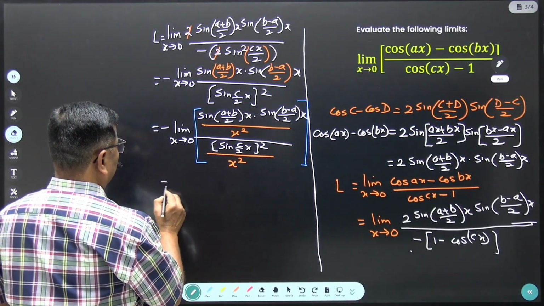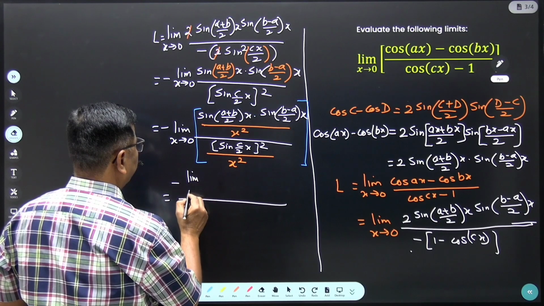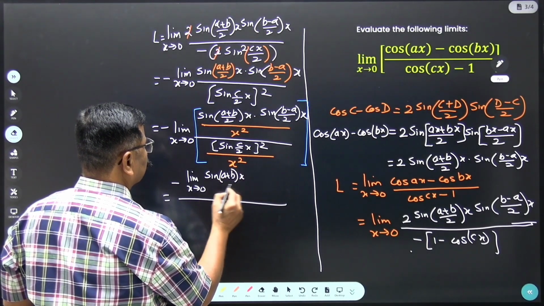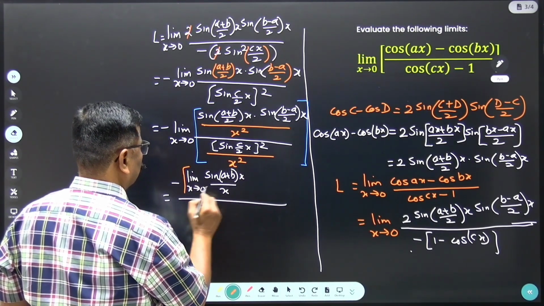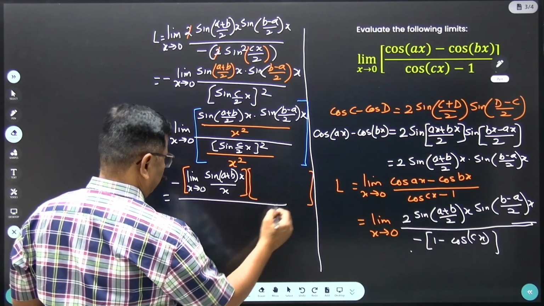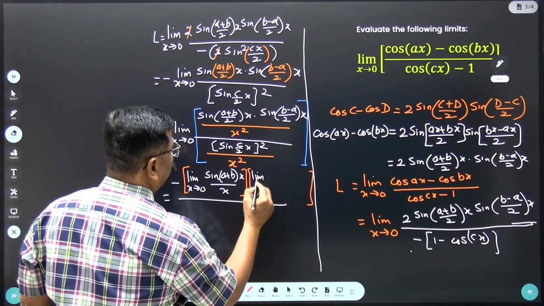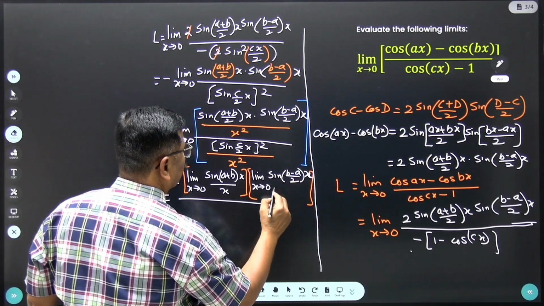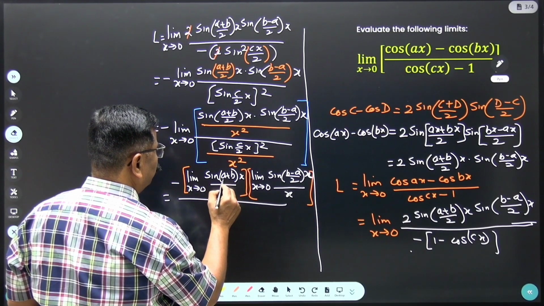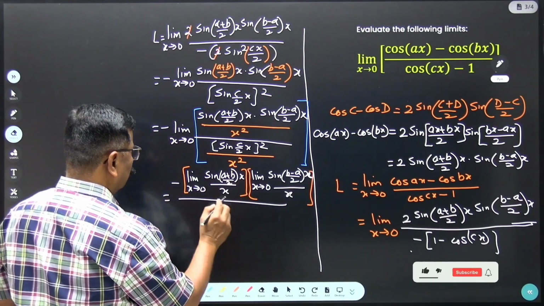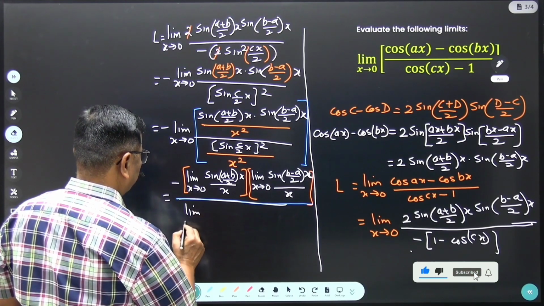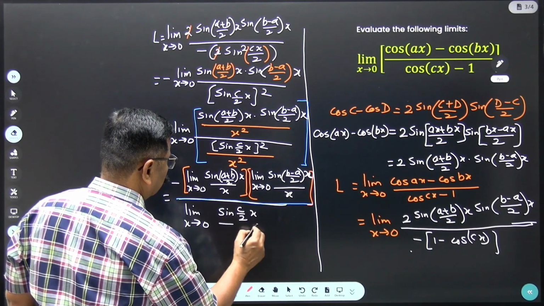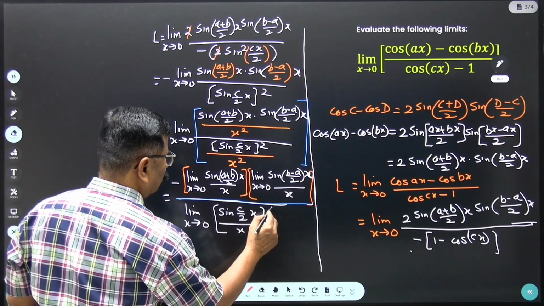So therefore, minus limit x tends to 0 of sin((a plus b)/2 into x) upon x, and the other expression is limit x tends to 0 of sin((b minus a)/2 into x) divided by x, completely divided by limit x tends to 0 of sin(c/2 x) completely divided by x the whole square.